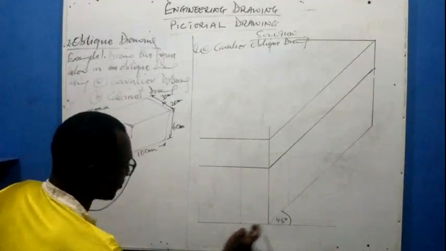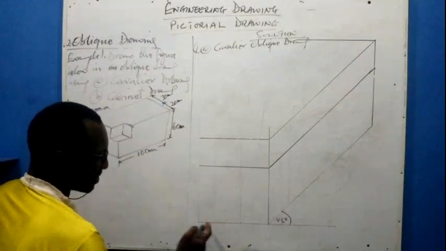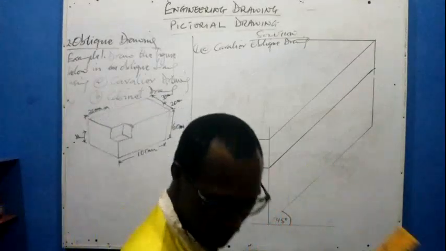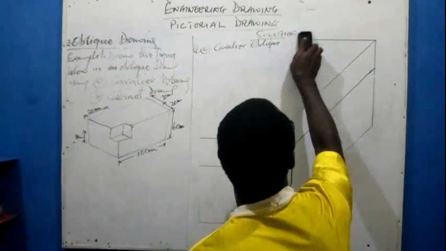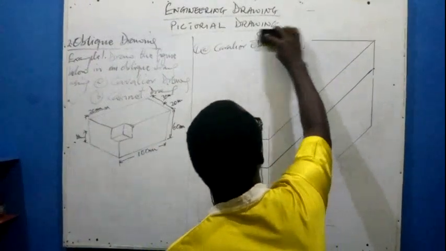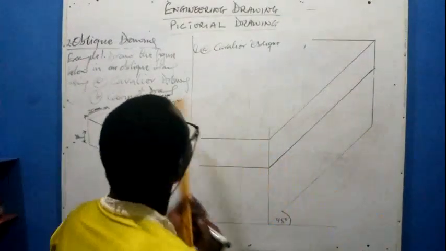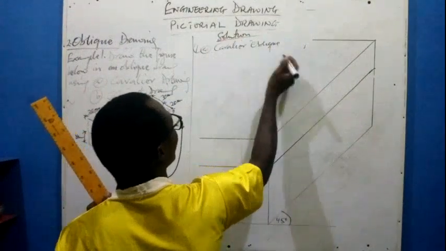What was the distance from here to here? The distance is 50, which is 20, 30. And I'll do the same thing at that point. Let me clean this one so that it will help me in doing that. Oblique.